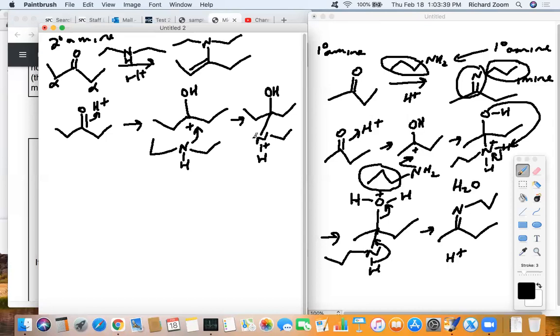Which puts a positive charge on the N. And then we have the O take the H. Again, we know that the OH is going to leave, so it'll take the H off that N plus. And the product is going to look like this.